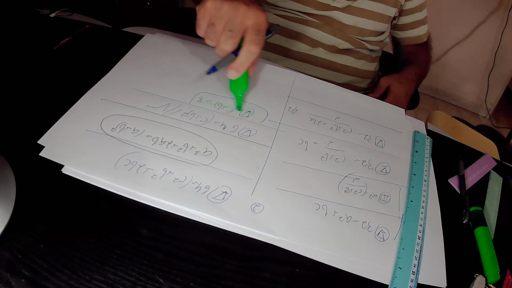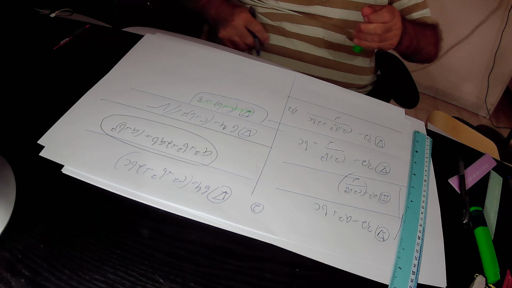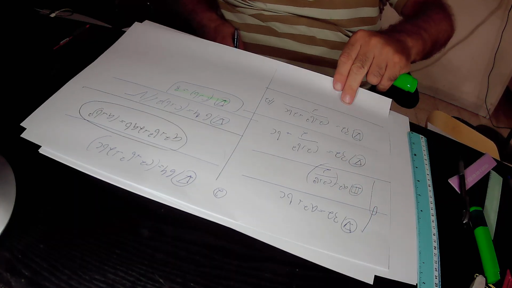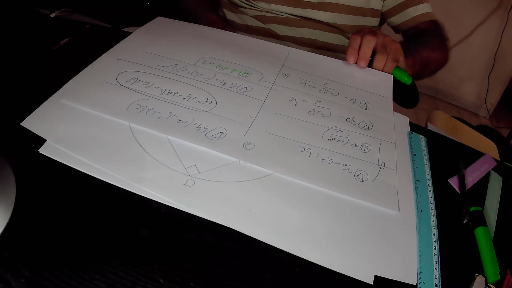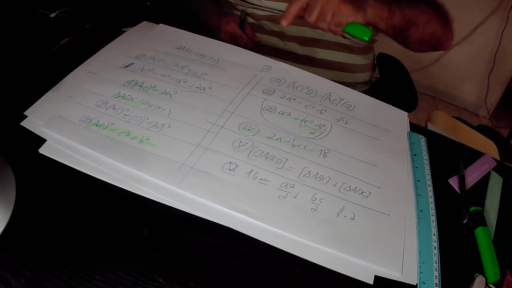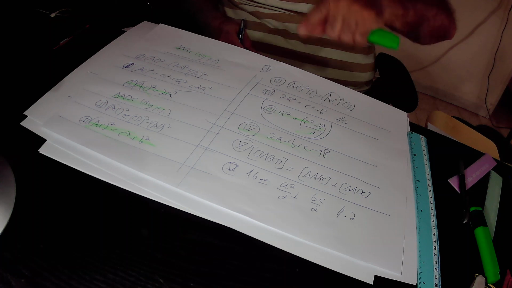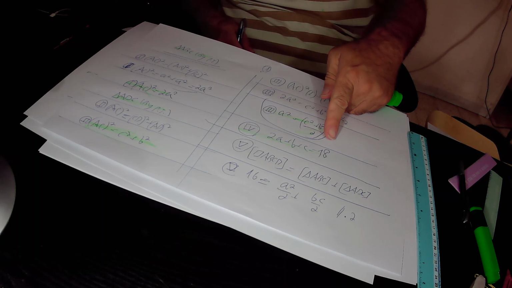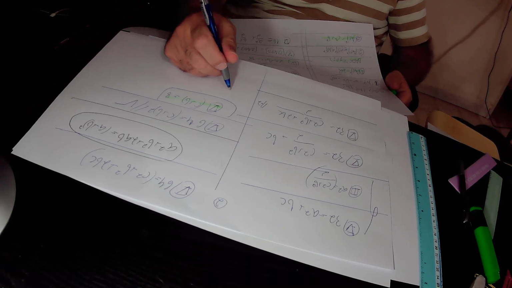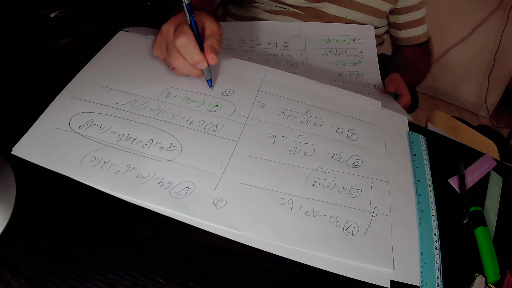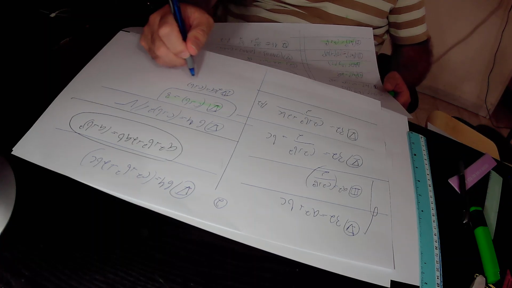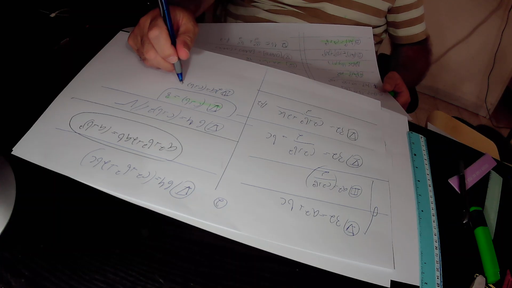This is according to equation 5. According to equation 4, we already found out that 2a plus b plus c equals 18. That is, 2a plus c plus b equals 18.